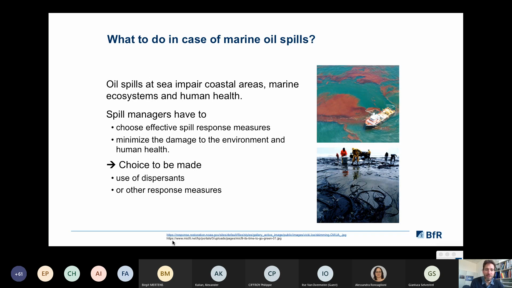So they have to find solutions to choose which response would be effective to minimize the damage to the environment and to human health. There are a lot of technical choices to be made, but one important choice is whether to use dispersants or to rely on other response measures.